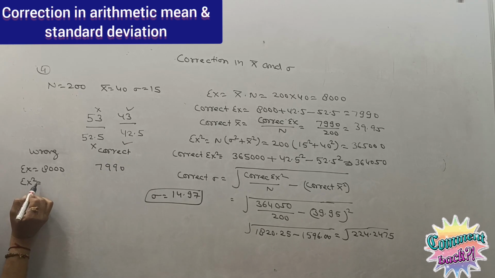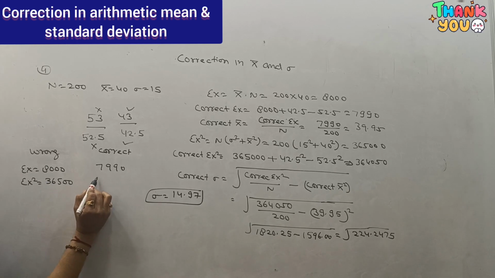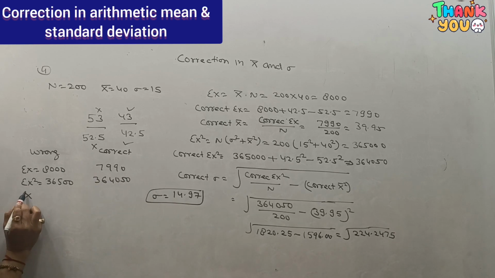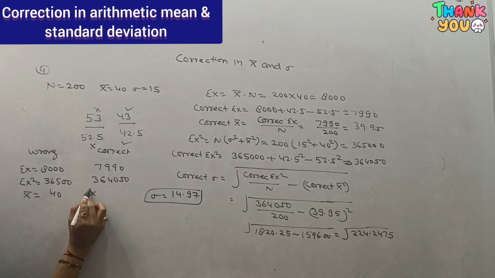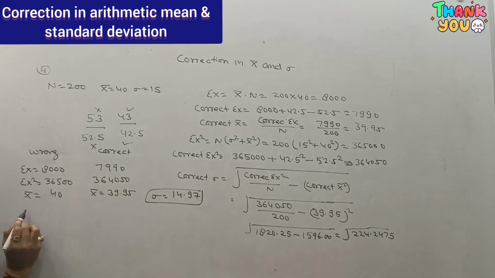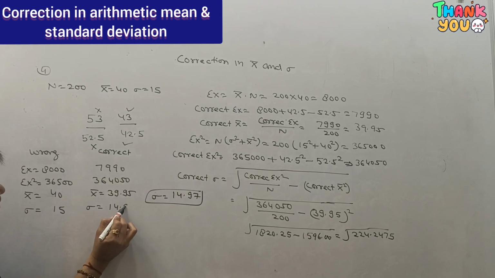Sigma x square was 365,000, correct is 364,050. Wrong x bar is 40, correct x bar is 39.95. Standard deviation wrong is 15, standard deviation right is 14.97.